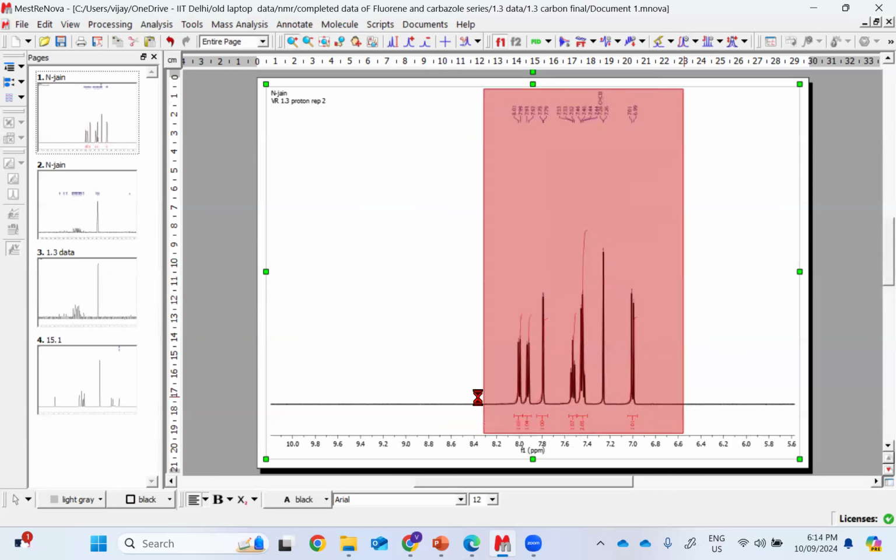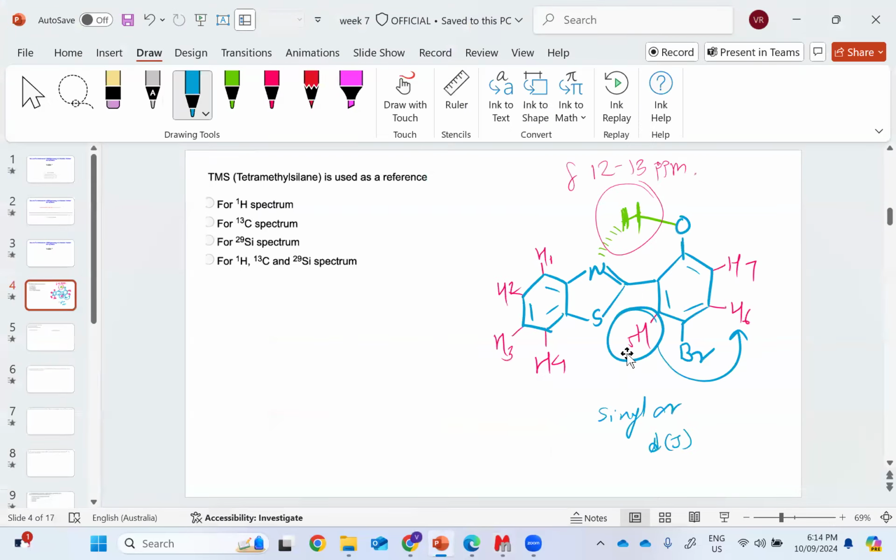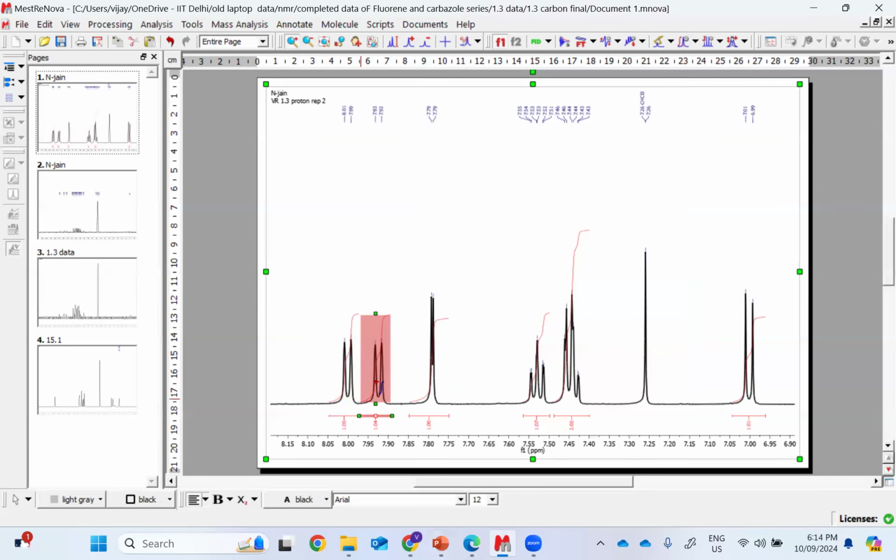This doublet is due to the proton shown here in the circle. Also there will be another doublet for this proton, and also 2 more doublets, so 4 doublets as well as 2 triplets. You can look here: 1, 2 doublets here. This is the third doublet, and here one doublet is merged with one triplet.